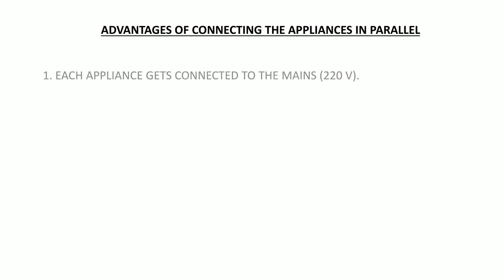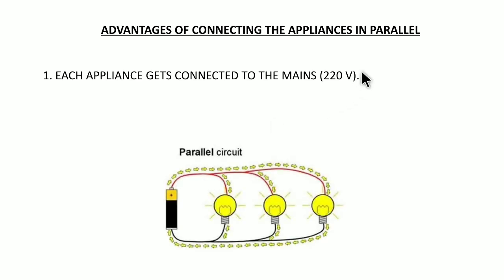All right, next we have the advantages of connecting the appliances in parallel. So those are the disadvantages of connecting in series. Then the advantages of connecting the appliances in parallel are: number 1, each appliance gets connected to the mains of 220 volts. Let's say I am talking about 220 volts over here, but this is a battery.